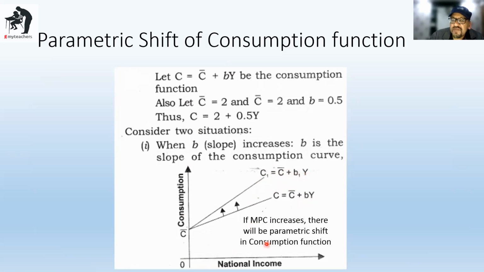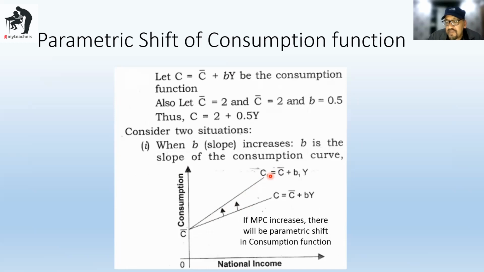So in simple words, we can say if the value of MPC increases, there will be a parametric shift in the consumption function. So this arrow you can see here in this diagram, and this is the initial consumption function. And now this is the new consumption function C1 with the increased value of MPC, and vice versa.